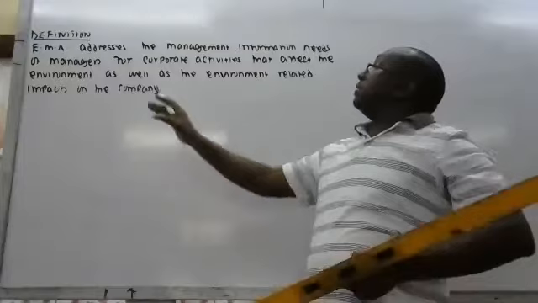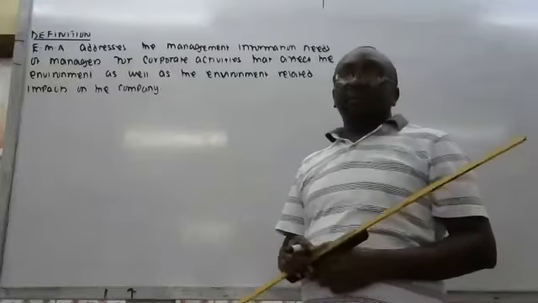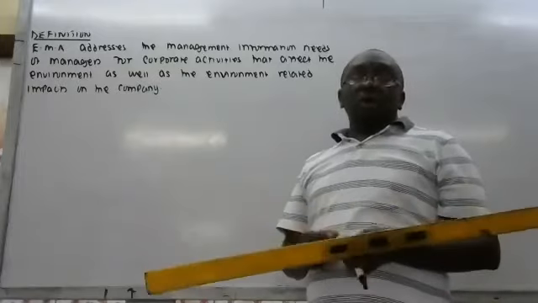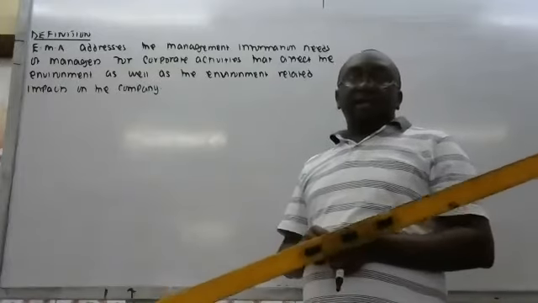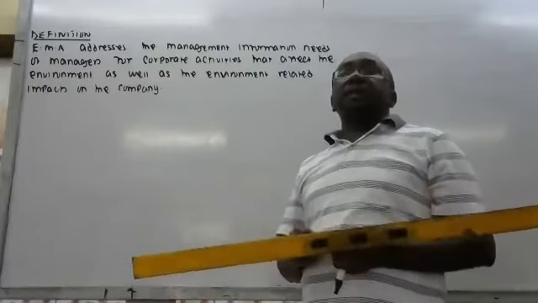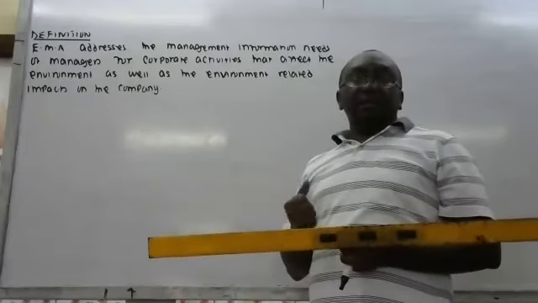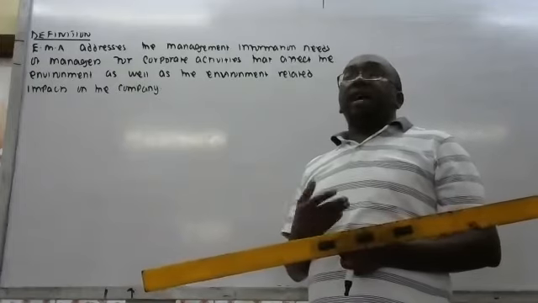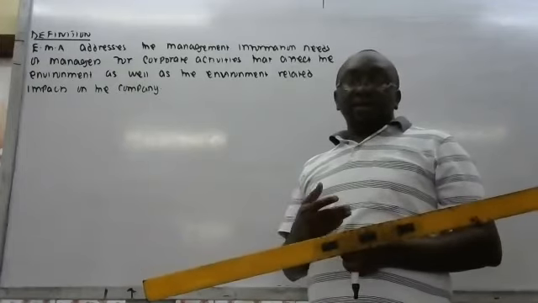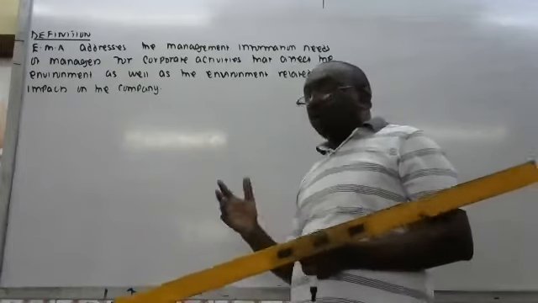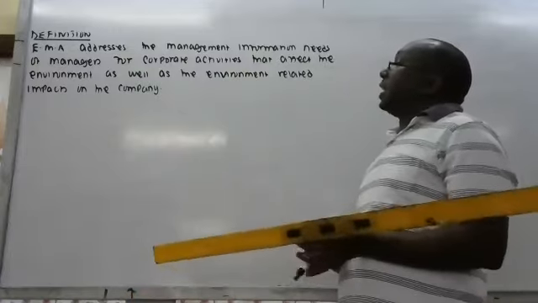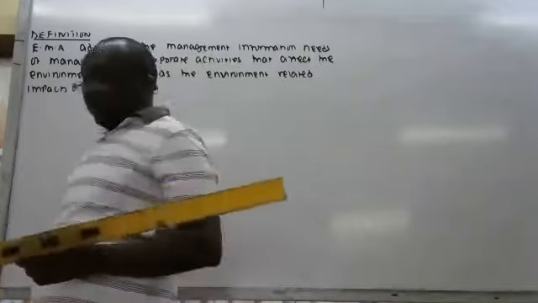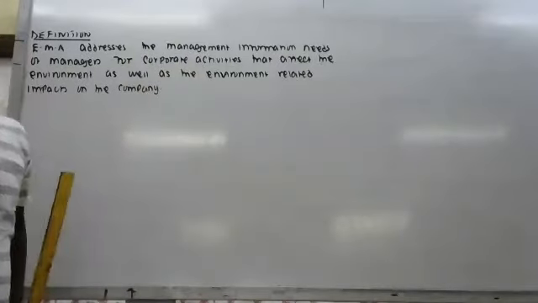But also, it is important to know how whatever happens in the environment affects your company. Like when there is drought, floods, sunshine, or no rain, how do they affect the company? Those are issues to do with environmental management accounting.